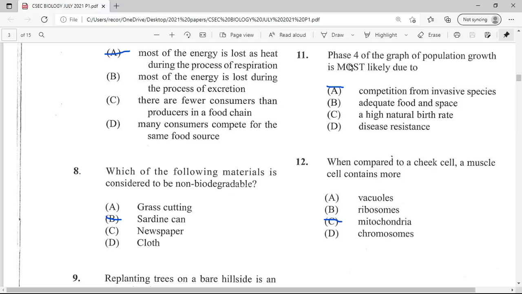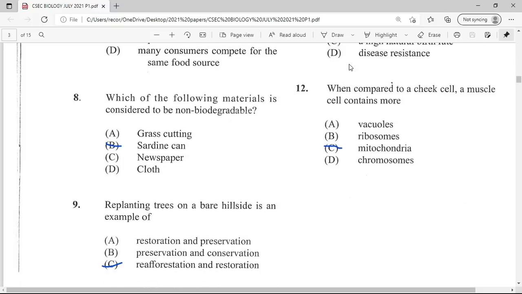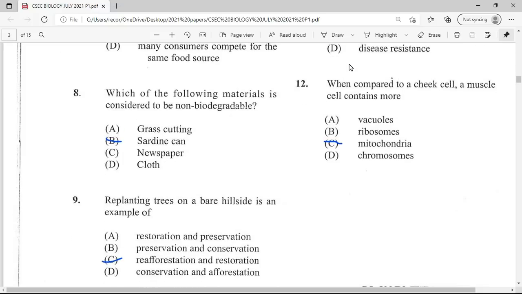Newspaper, once it gets wet and it's out where the microbes and the earthworms are, it's going. The fabric will also go much easier than a sardine can. Here, the non-biodegradable material for me is going to be the sardine can. It's going to take some length of time. Cloth, like I say, will decay much easier than the tin, providing that it has the right environment.